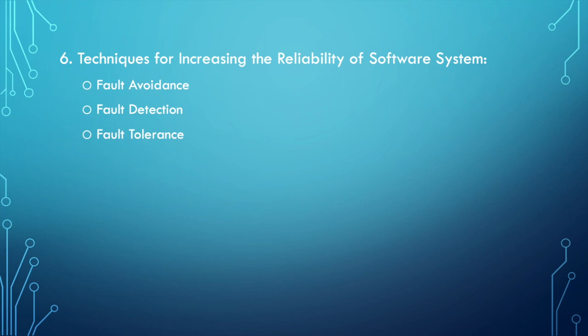Okay, the fault detection. So the software is not built as strong as with fault avoidance, but it could detect if a fault is present. So the software is built in such a way that if a fault is detected, it shouldn't crash. It should handle the occurrence of an error.